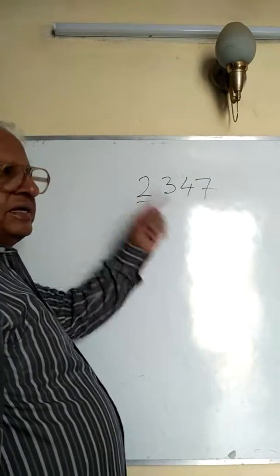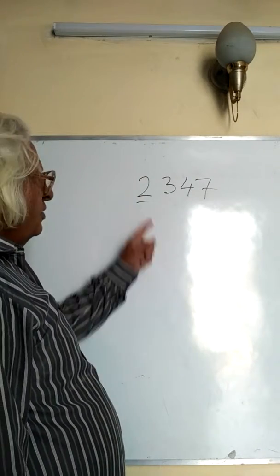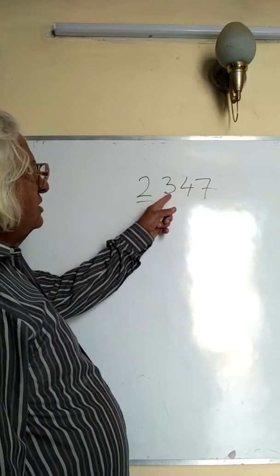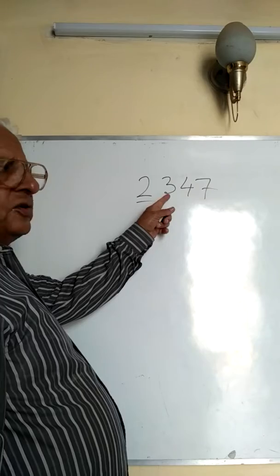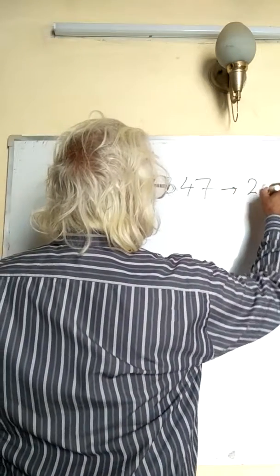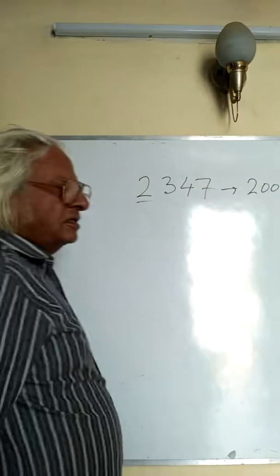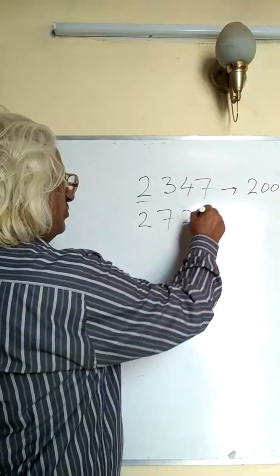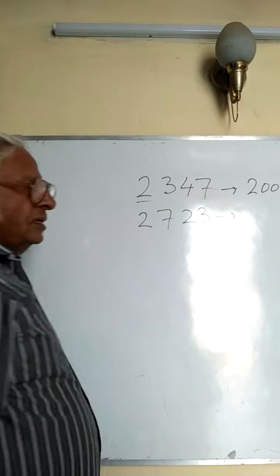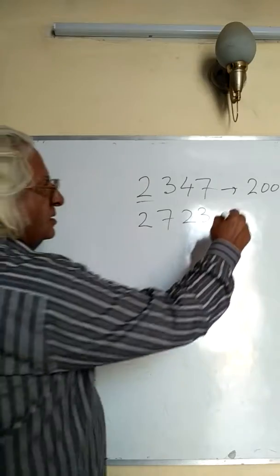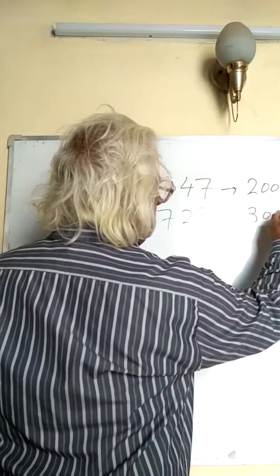Some change has to happen here. Whether this will change or this will remain the same. For that, you have to examine this digit. If it is less than 4, no change. So it will be 2000. But if it is more than 5, 1 will be added to this, 3000.